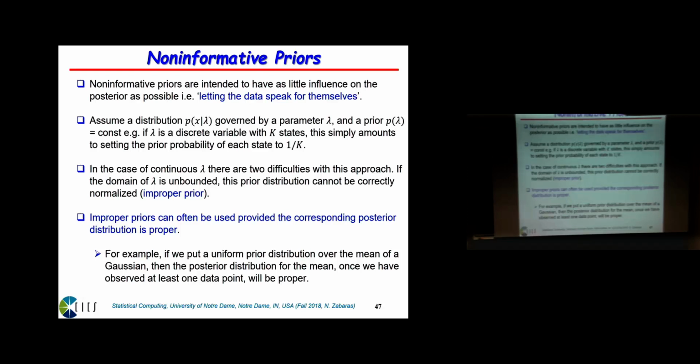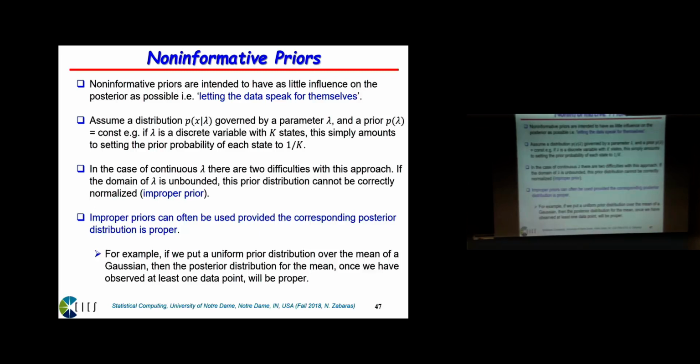So that's a non-informative prior, but immediately you see the problem that we have with these non-informative priors. What happens if k goes to infinity? You cannot normalize the distribution. So many of the non-informative priors are not proper distributions. That's the message.